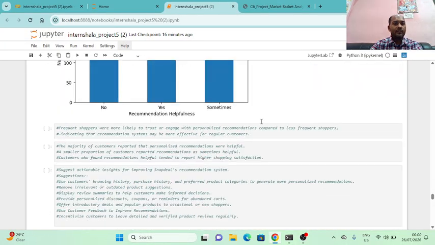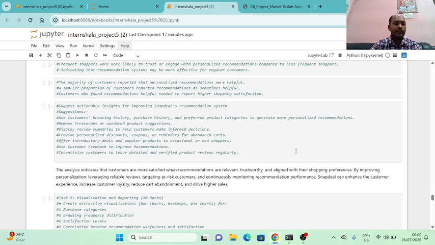So after calculating the overall analysis, we can see that frequent shoppers were more likely to trust or engage with personalized recommendations compared to the least frequent shoppers, indicating that the recommendation system may be more effective for regular customers. And the majority of customers reported that the personalized recommendations were helpful, and a smaller proportion of customers reported a recommendation as sometimes helpful.